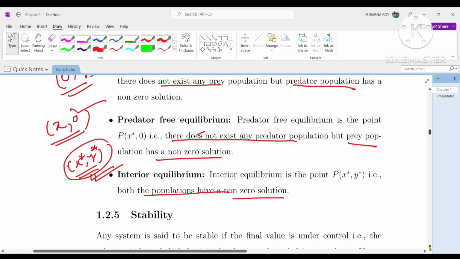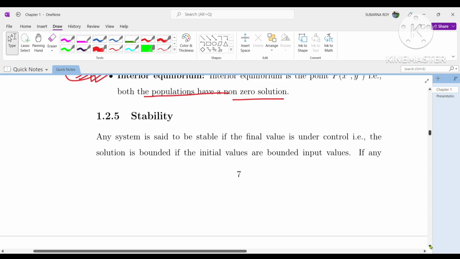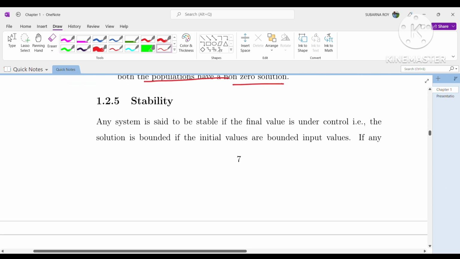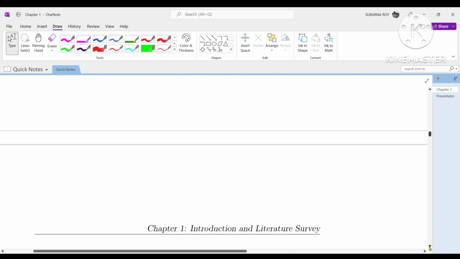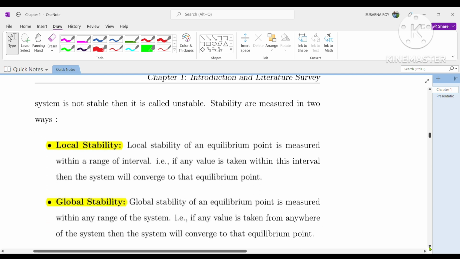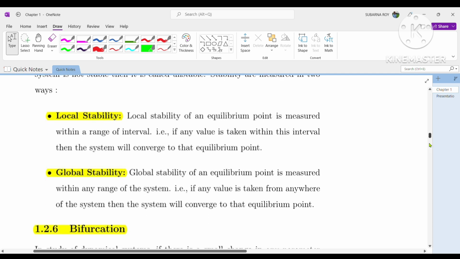Now we discuss the stability of the equilibrium point. Any system is said to be stable if the final value is under control, that is, the solution is bounded if the initial values are bounded in input values. If a system is not stable, then it is called unstable.